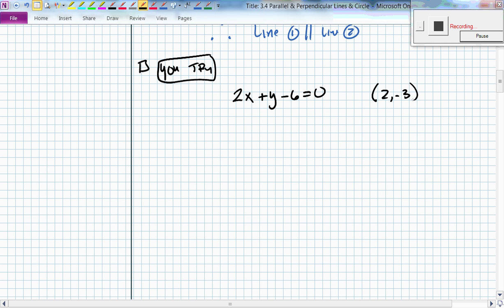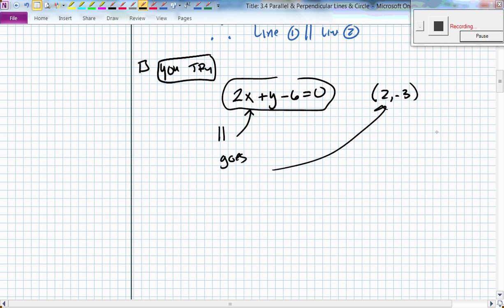I want you to find an equation that is parallel to this one and goes through this point. So find another line that is parallel to this one here, but yet goes through the point 2 comma negative 3.